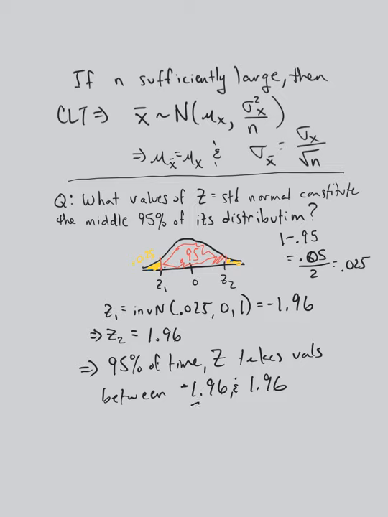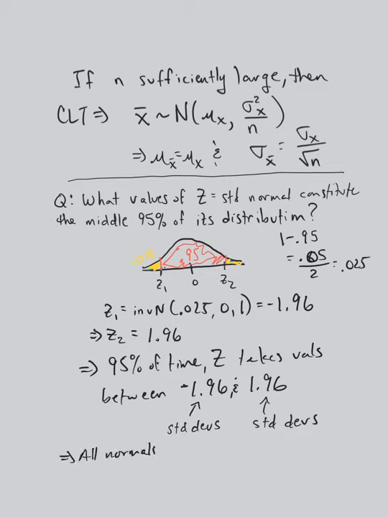And so what these two numbers are, these are standard deviations, because the standard deviation of the standard normal is equal to 1. What we're saying is that 95% of the time, Z lands within 1.96 standard deviations of its mean, and that's true for all normals, okay?